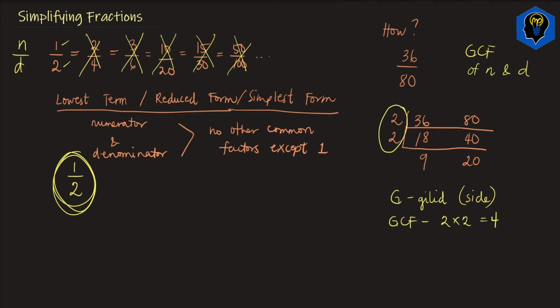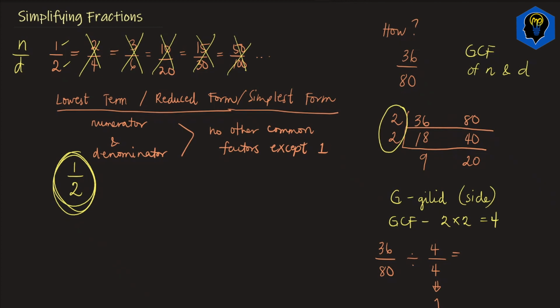So, to show you the long method or long way, this is 36 over 80 divided by 4 over 4. Yun yung GCF nyo. Remember, yung 4 over 4, this is equivalent to 1. So, it doesn't matter. Even if you do that, hindi nyo binabago yung fraction dahil you're just dividing it by 1 and you still get the equivalent fraction.